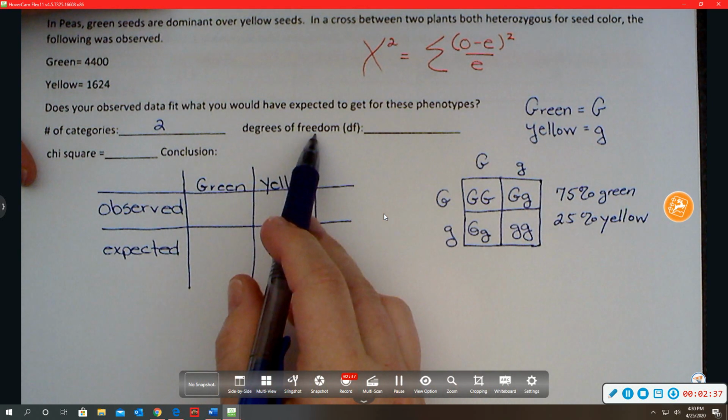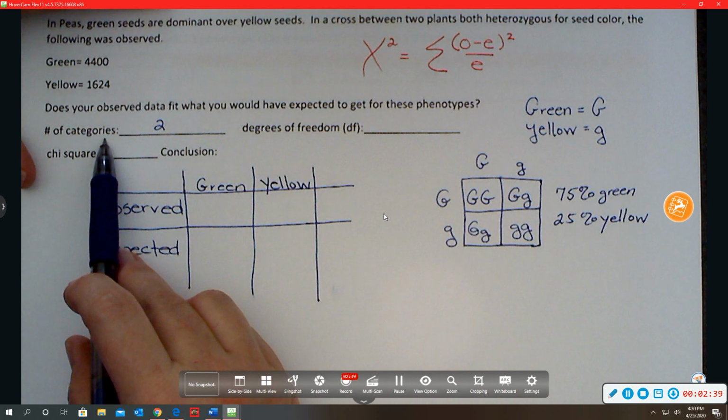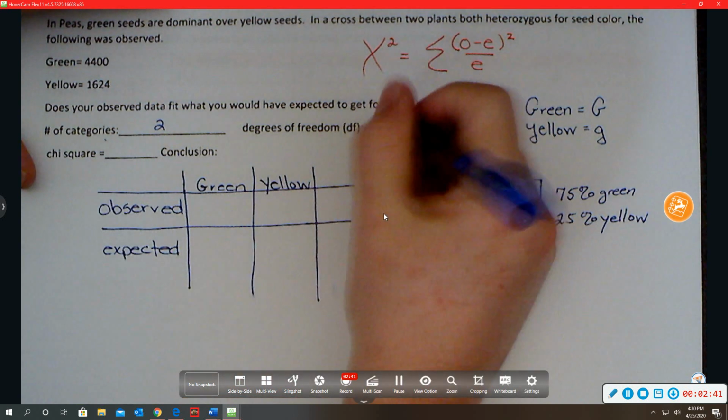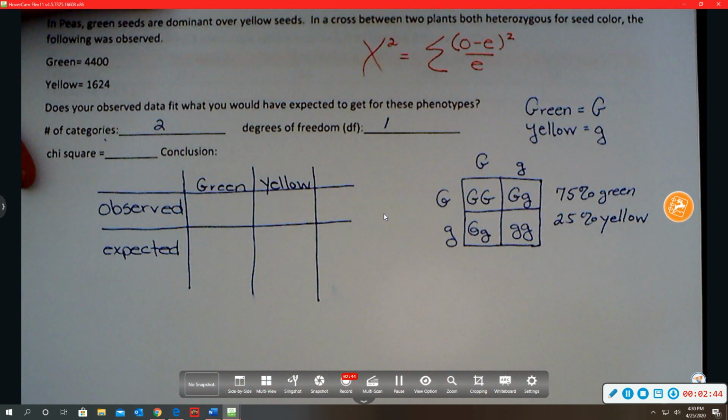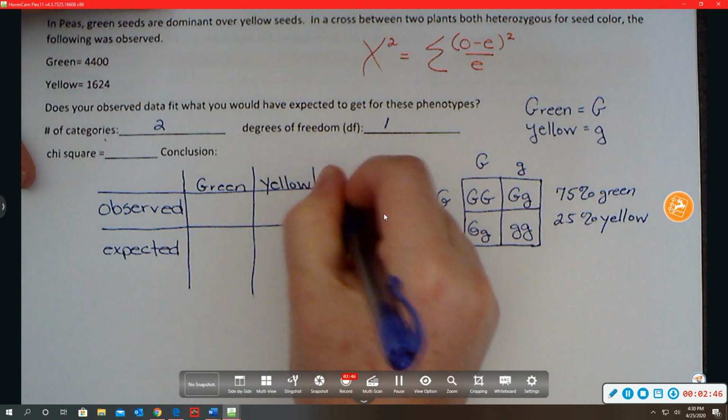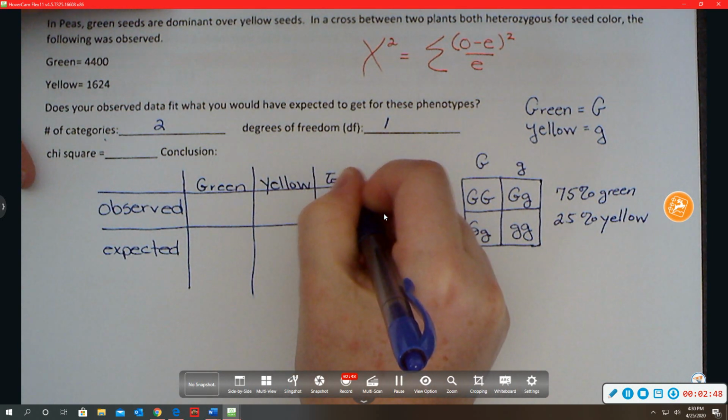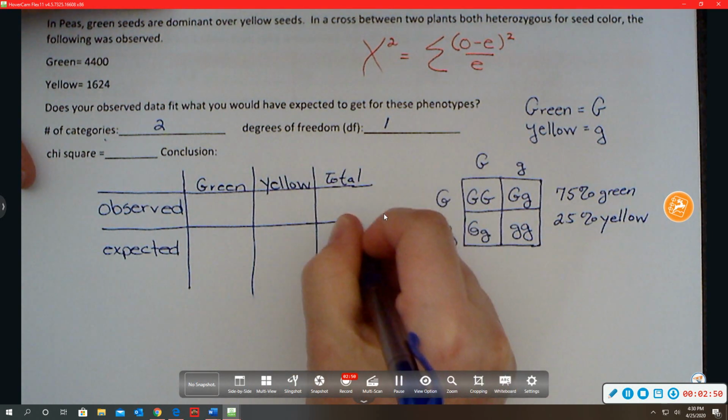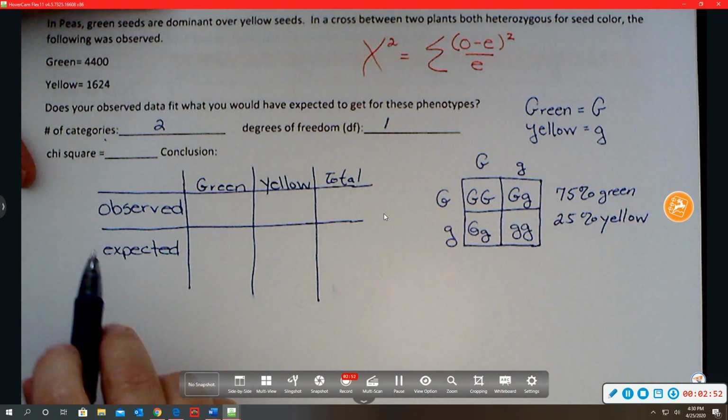Remember, my degrees of freedom is always the number of categories minus 1, which makes our degrees of freedom 1. Over here, I'm going to also need totals, since I'm dealing with percents over here.